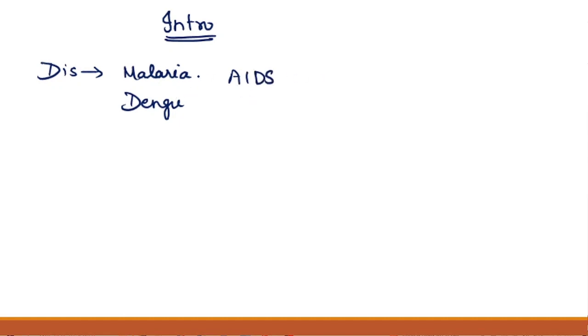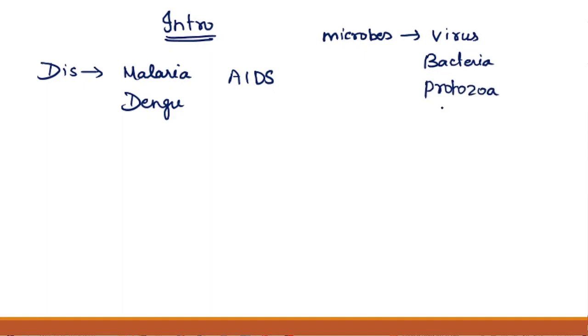These are some examples of diseases caused by microbes. Under microbes you can get viruses, bacteria, protozoa, a lot of varieties.